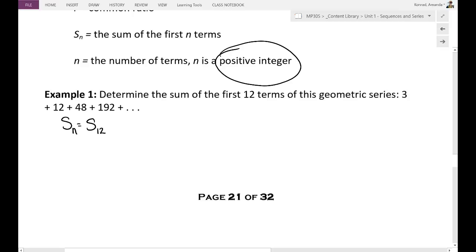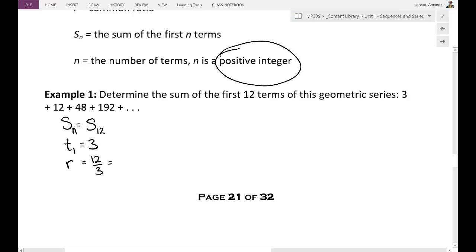The geometric series is 3 plus 12 plus 48 plus 192, etc. So term 1 is going to be 3. R is going to be 12 divided by 3, which is 4.